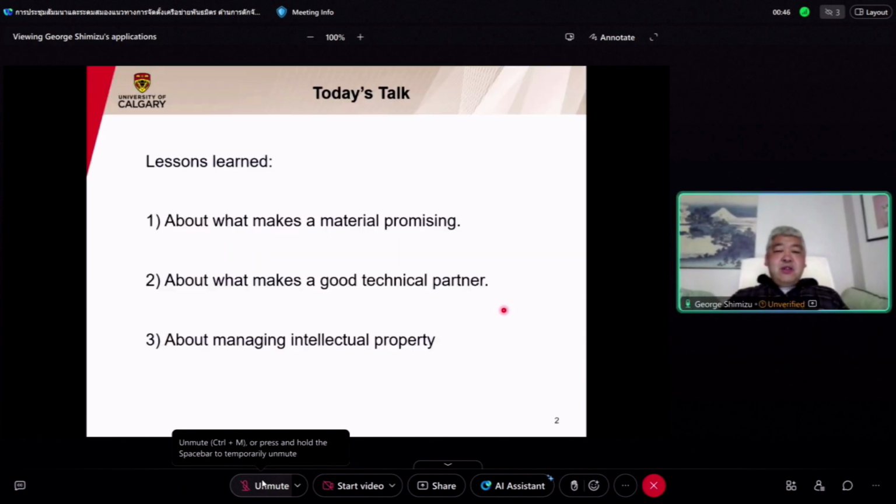Today I wanted to talk a little bit about some of the basic science of a solid that's useful for capturing carbon dioxide, but also just in terms of developing a project, what makes a good technical partner, and also managing intellectual property and being able to develop teams to help accelerate these technologies, as it's quite a long road.